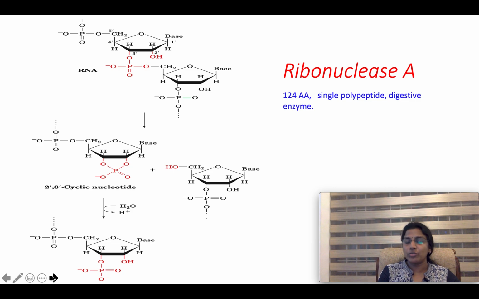It consists of 124 amino acids, a single polypeptide digestive enzyme which hydrolyzes RNA to its component nucleotides. You can see RNA here, and ribonuclease A cleaves RNA into its component nucleotides through the formation of a 2' 3' cyclic nucleotide, which is an intermediate formed during this reaction, and later it is hydrolyzed.